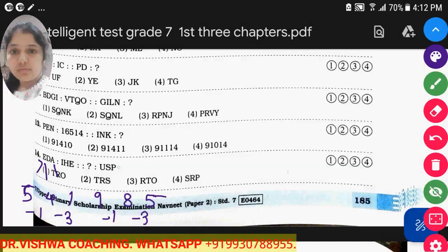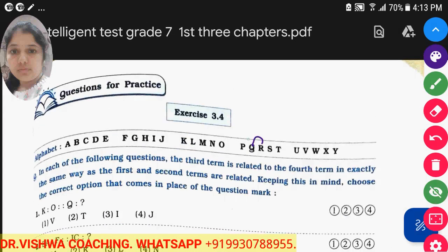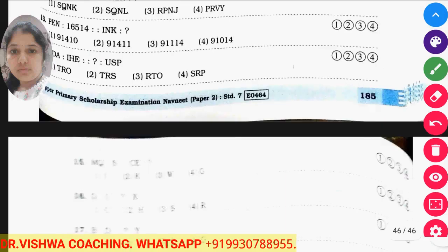If you subtract one letter from T, you get R. So there might be two options, this TRO and TRS. But then from R we have to subtract 3 letters. After subtracting 3 letters from R, which letter will come? Go back 3 letters: 1, 2, 3. Which letter comes? O. So your answer must be TRO.